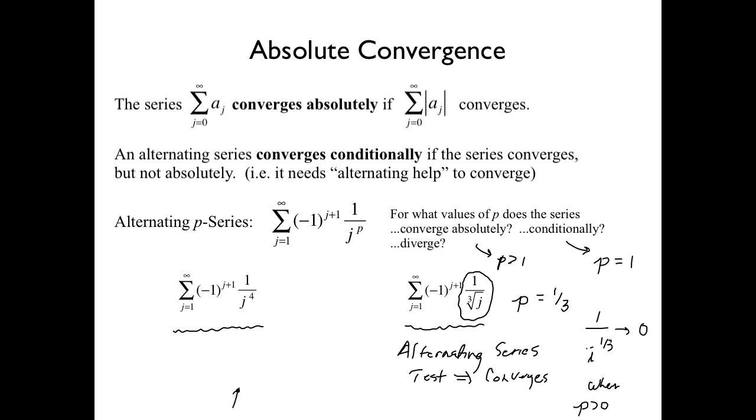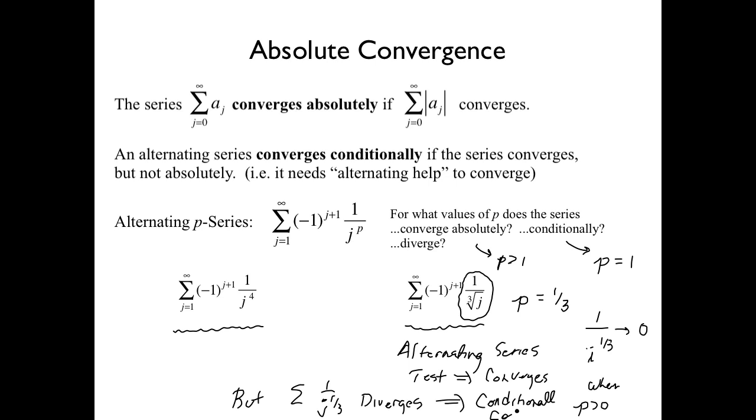But just 1 over j to the 1/3, meaning take the absolute value of all those terms, does that converge or diverge? That diverges, right? When P is less than 1, the P series diverges. So the overall conclusion about this original series is it converges conditionally.